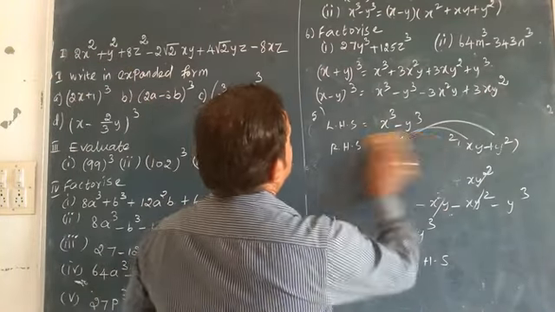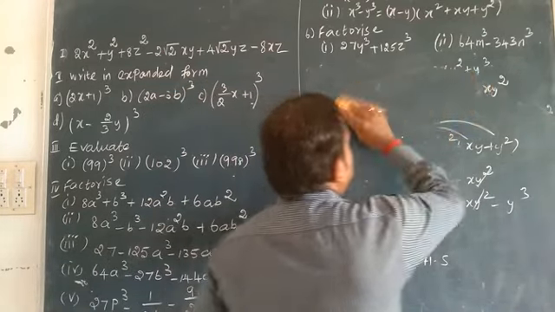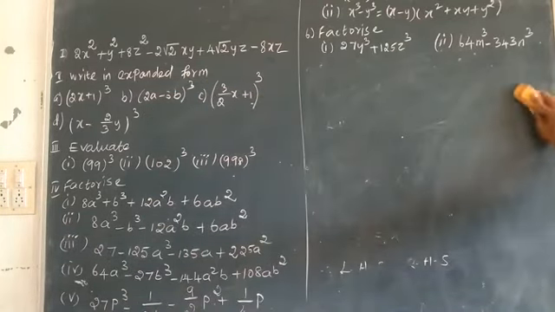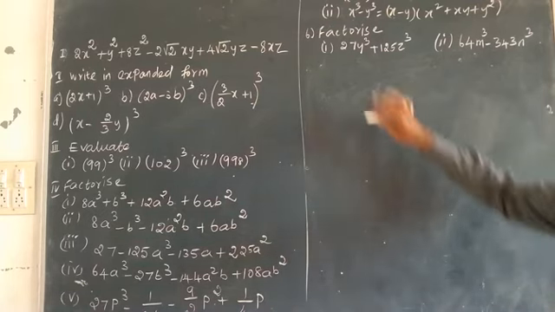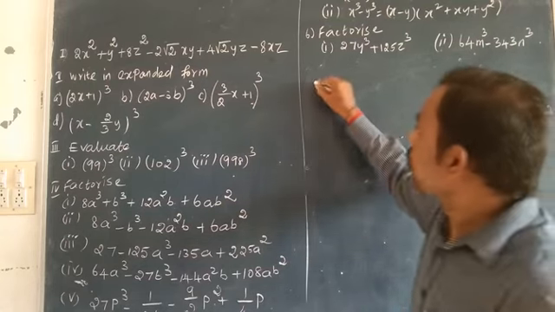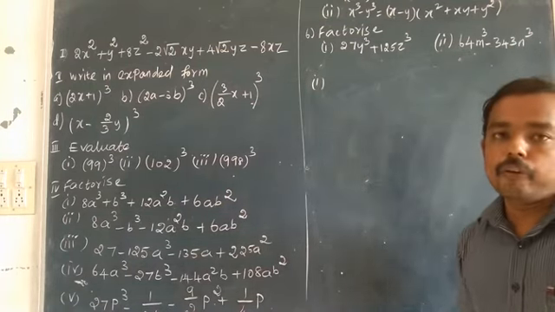Thank you. Using this, we are going to solve our next problem. So for that, 27y cube plus 125z cube, this problem. 27 is a perfect cube number.